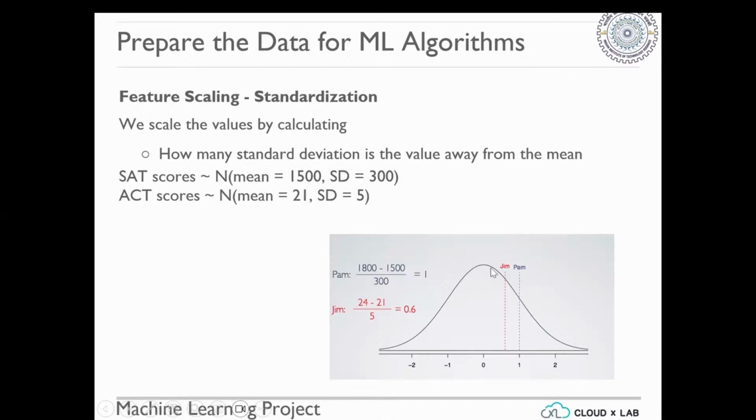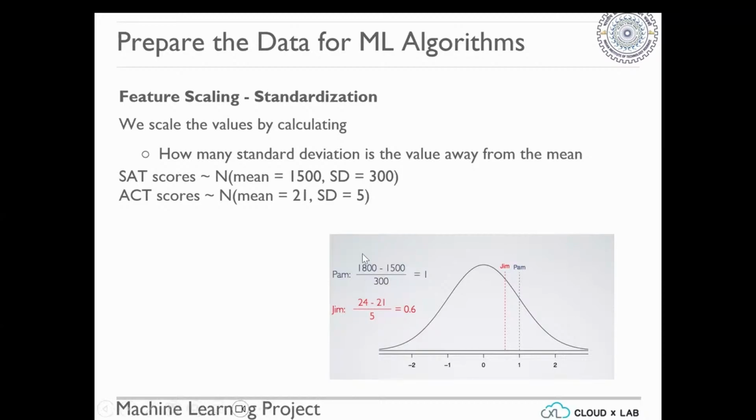Here I have taken one example. Let's say we are standardizing these two values, 1800 and 24. We are using two standard normal distributions, one for the first feature and the other for the second feature.